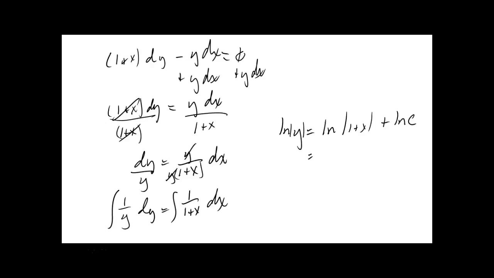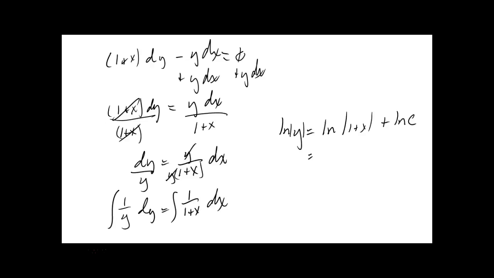Say that again. Okay, what do you mean? Don't you do e to the ln to make it? Okay, just a second. I want to combine those two first. What's the sum of two logs?